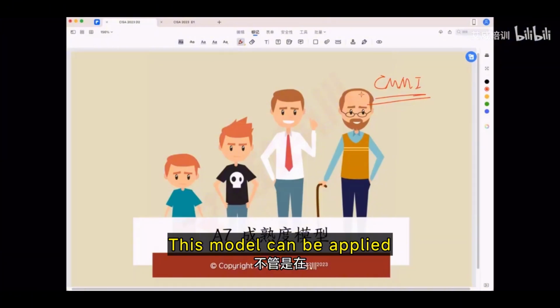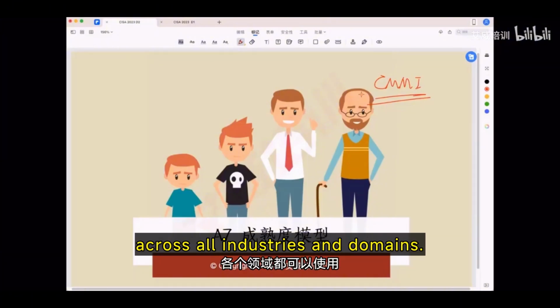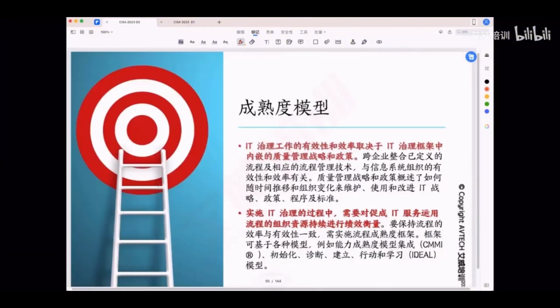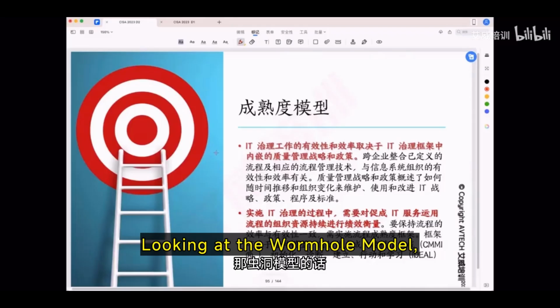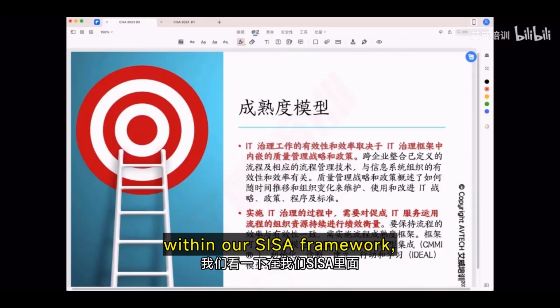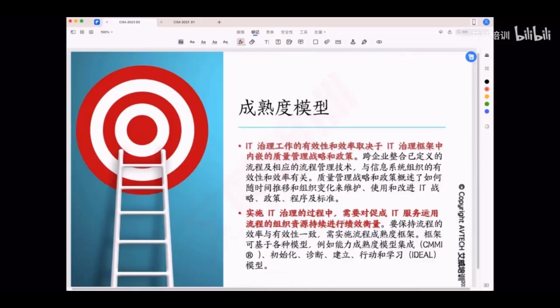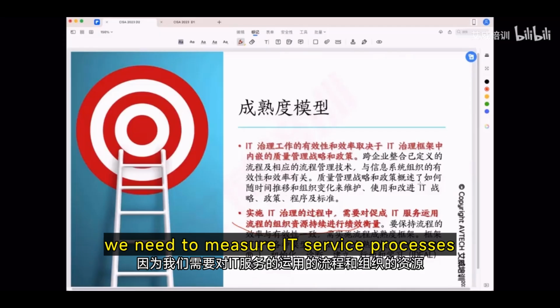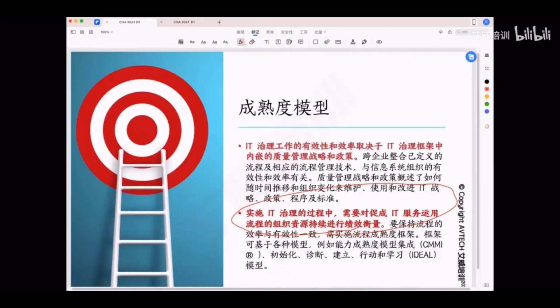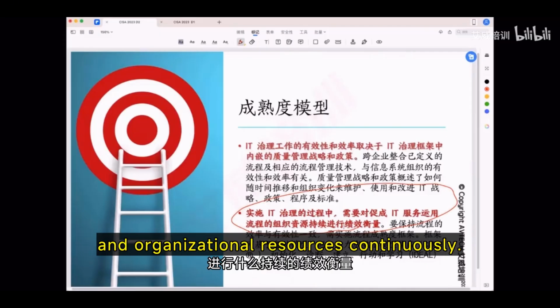This model can be applied across all industries and domains. Looking at the Wormhole Model within our CISA framework, why do we need this model? We need to measure IT service processes and organizational resources continuously.